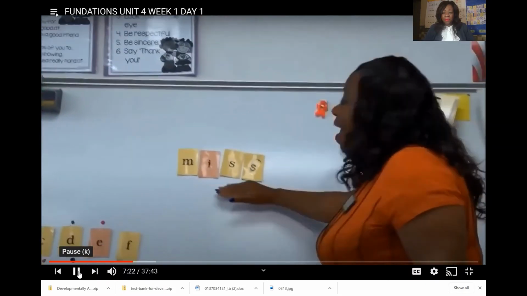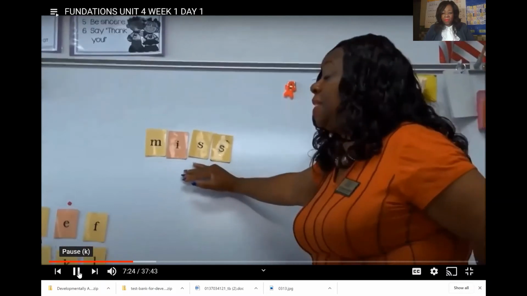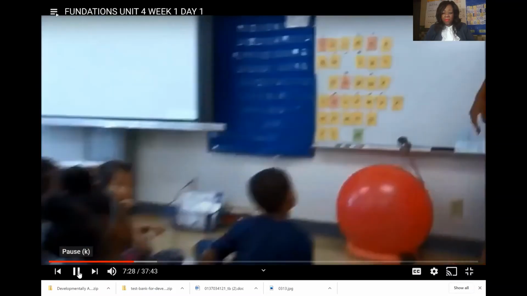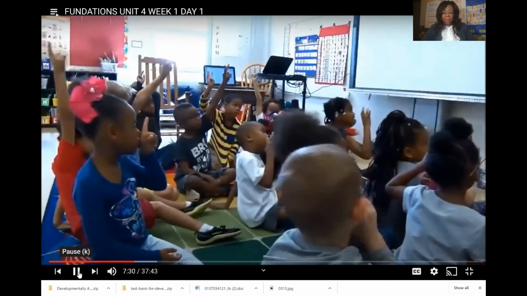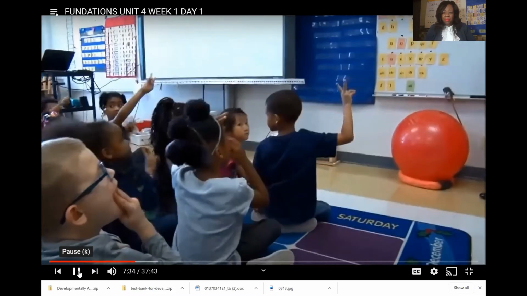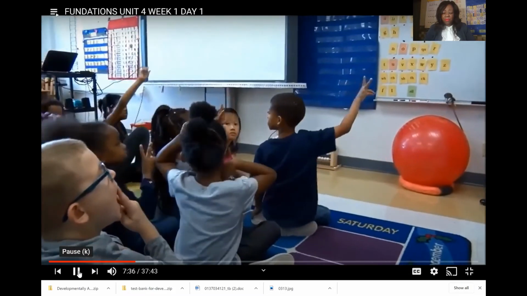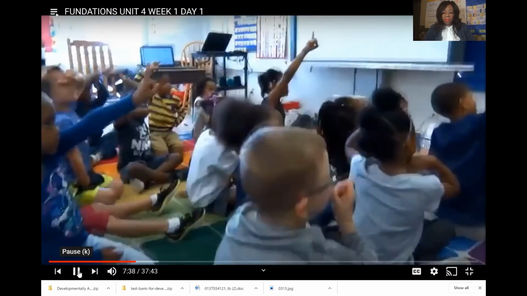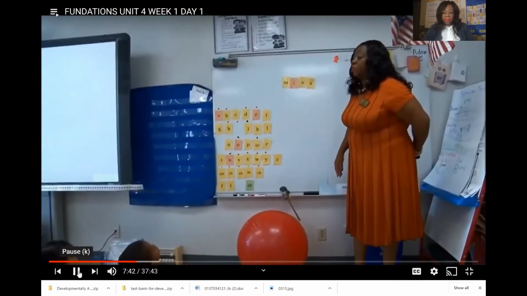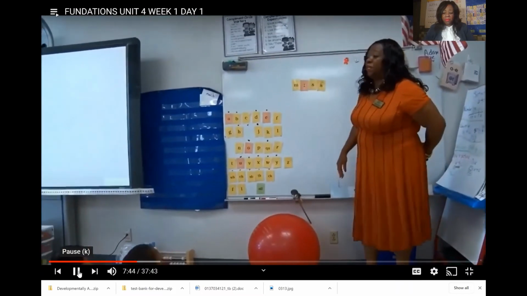So even though I have 2 S's here, how many sounds do I have? Show me with your fingers. How many sounds does the S make? 1. How many sounds in this word? Show me with your fingers.